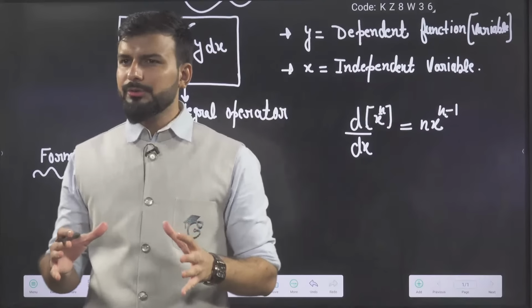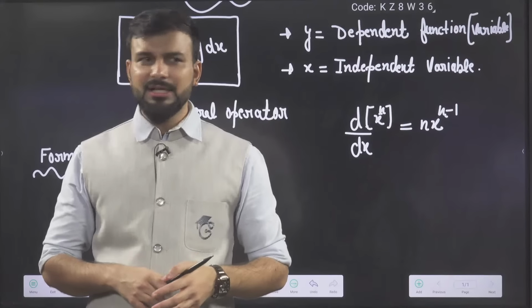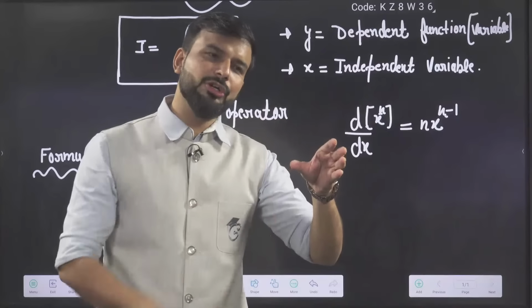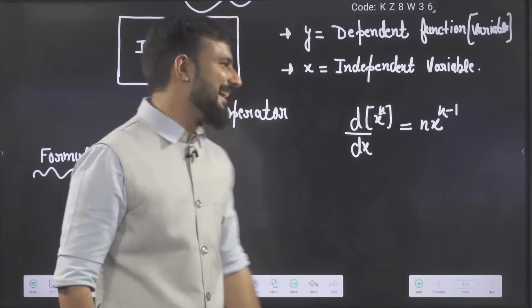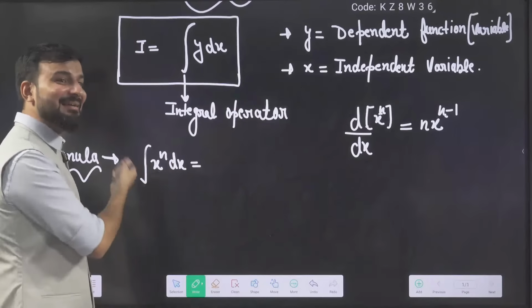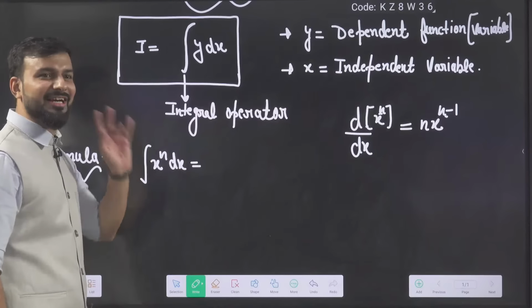So I have told you how to remember it, like siblings. They are fighting with each other. Let's say your brother is saying, I will do this. Will you agree with your brother or with your sister? Never. I will never agree. Same here, differentiation and integration will never agree with each other.